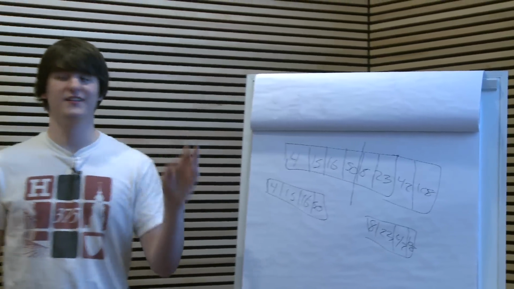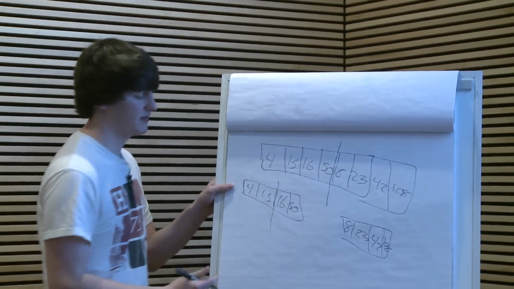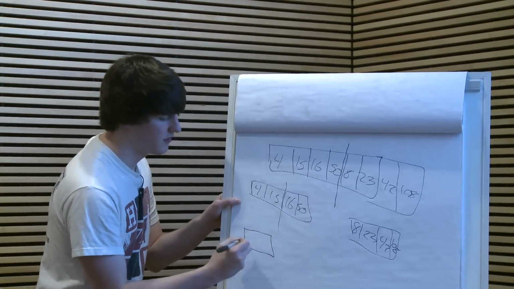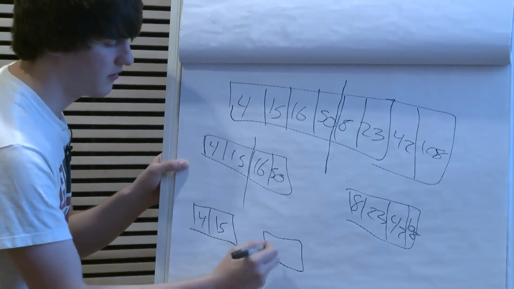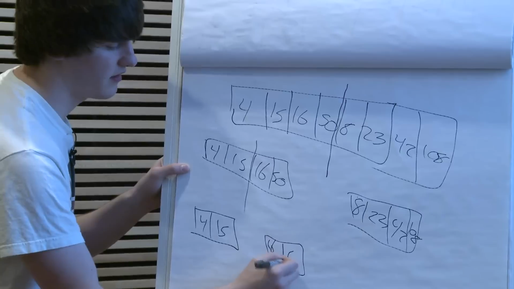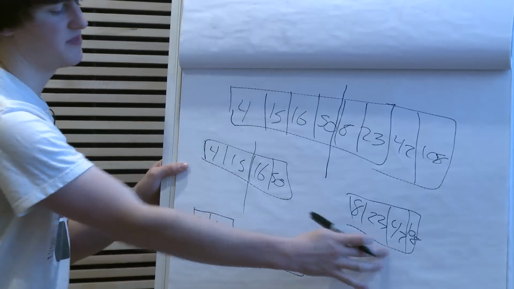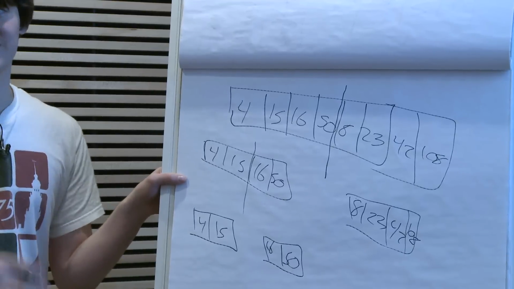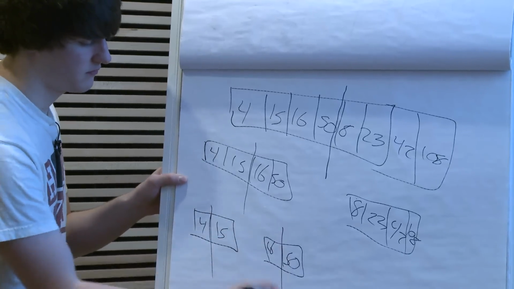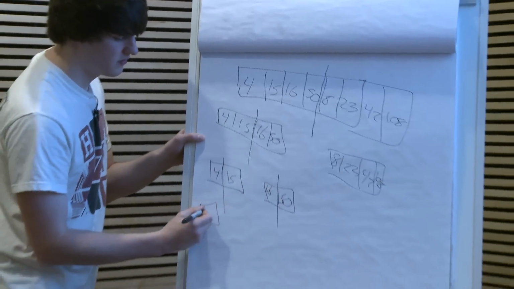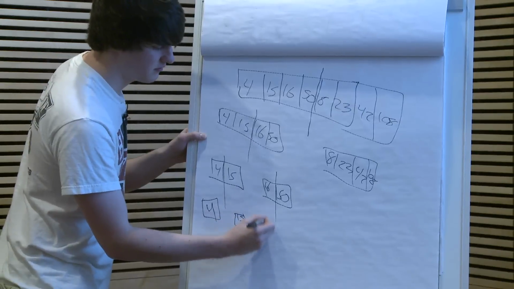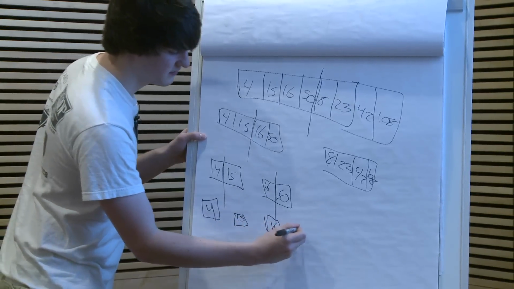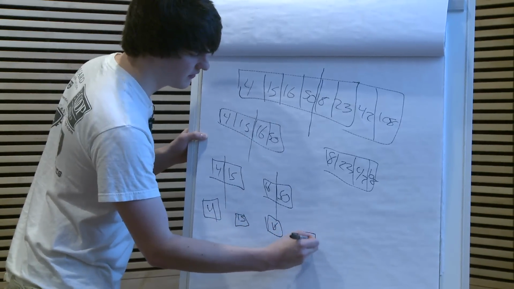And now we do it again. We split these into halves. I'll just do it on the side. So 4, 15, and 16, and 50. We would do the same thing over here, and now we split into halves again. We have 4, 15, 16, 50.